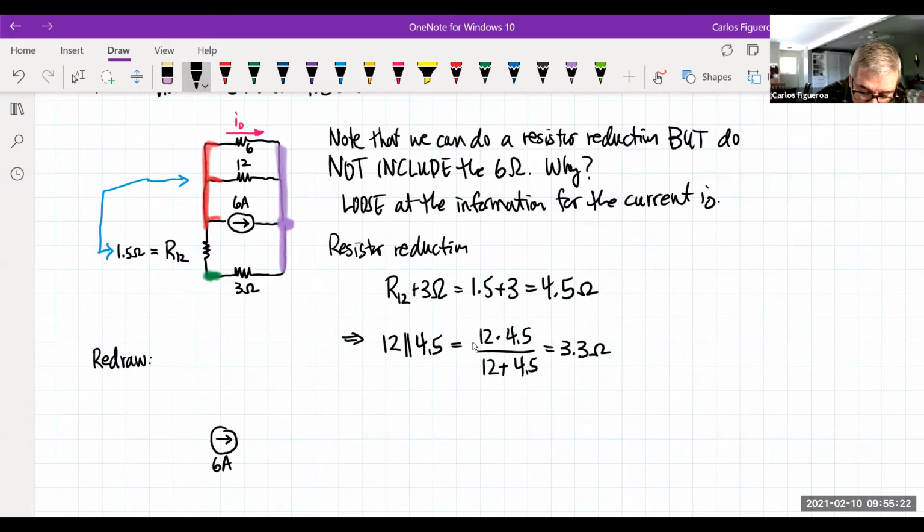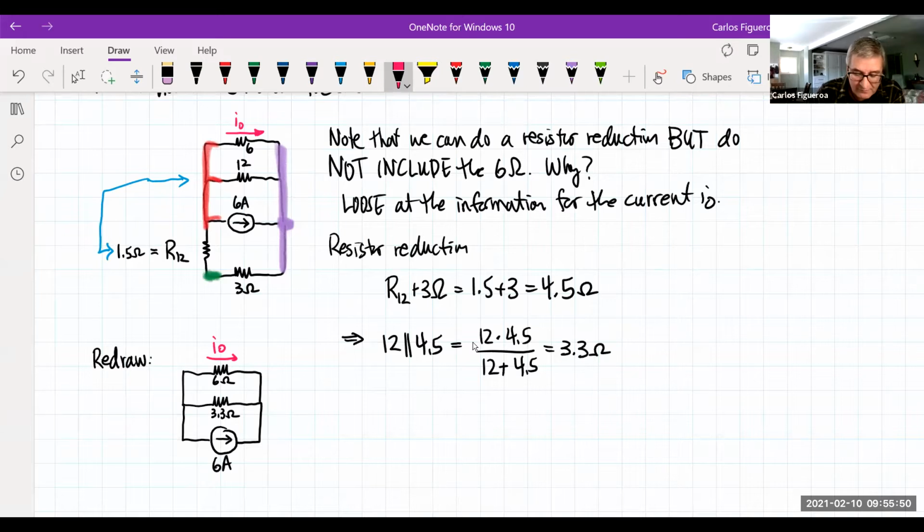And now I'm going to take it and swing it over to where the 12 is. And then I have one resistor now. What resistor is this guy? This is the 3.3 ohm. And now I have the 6 ohm here. And I know that this guy is the current I'm trying to solve for.